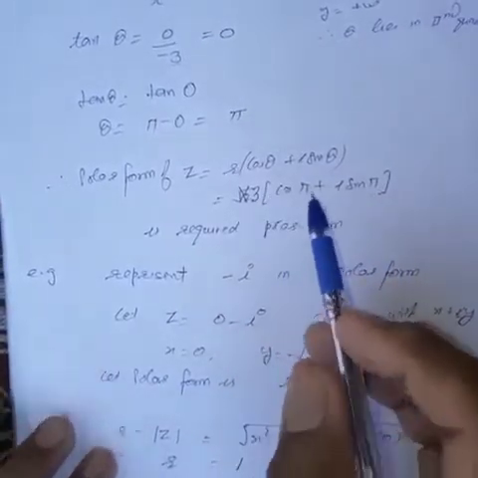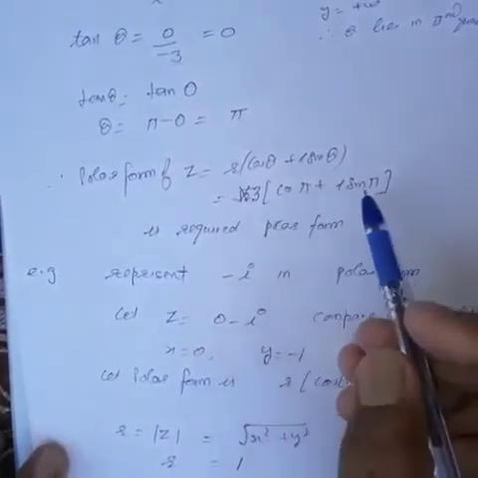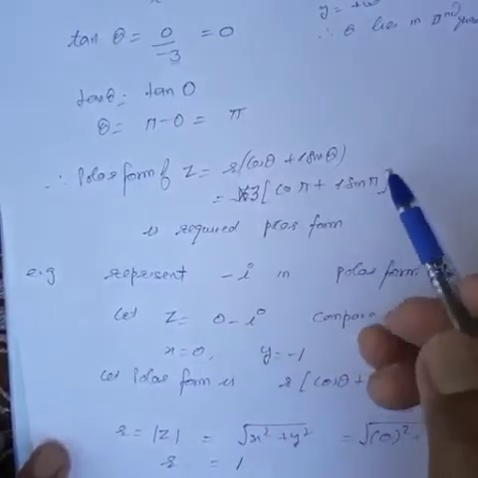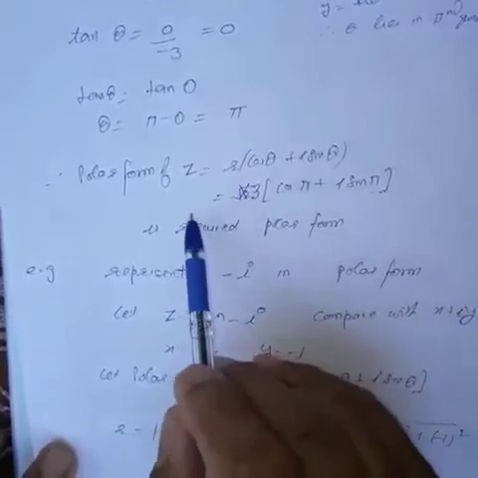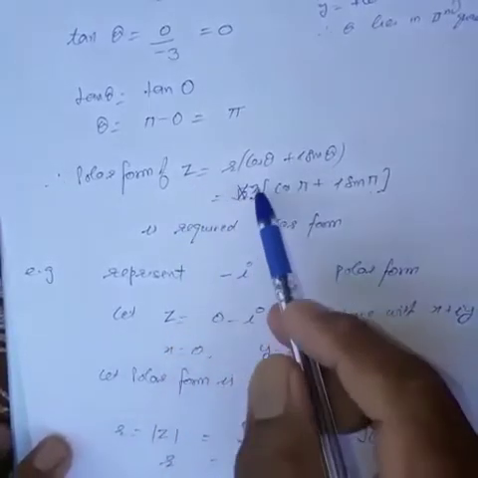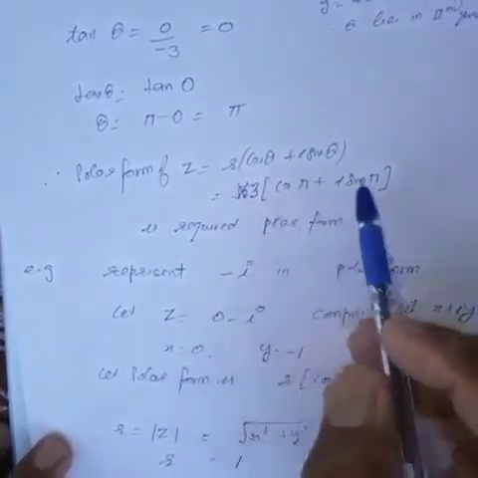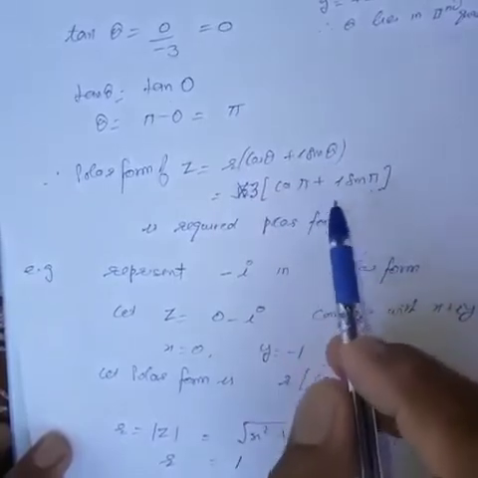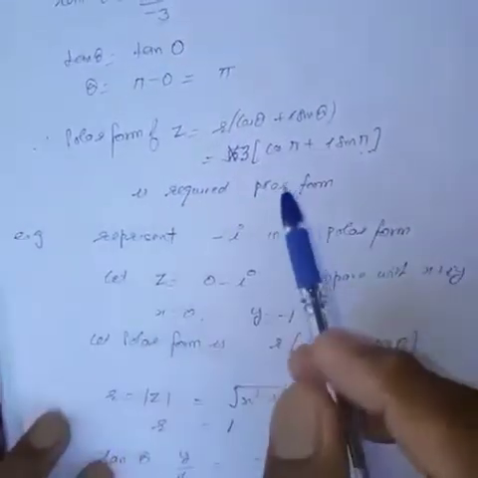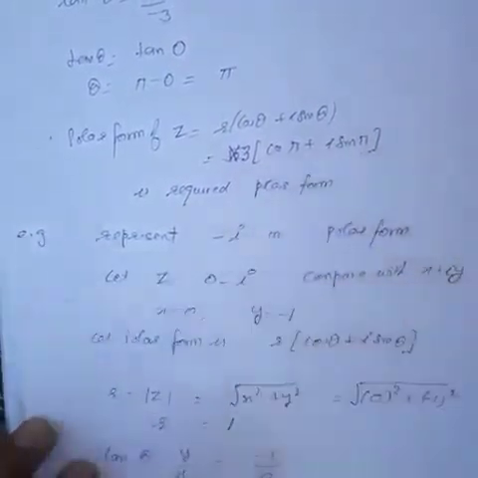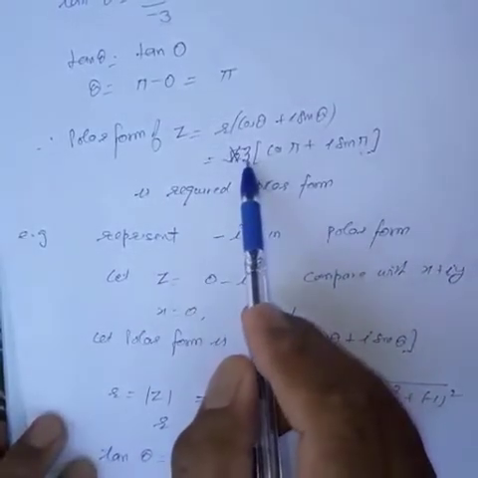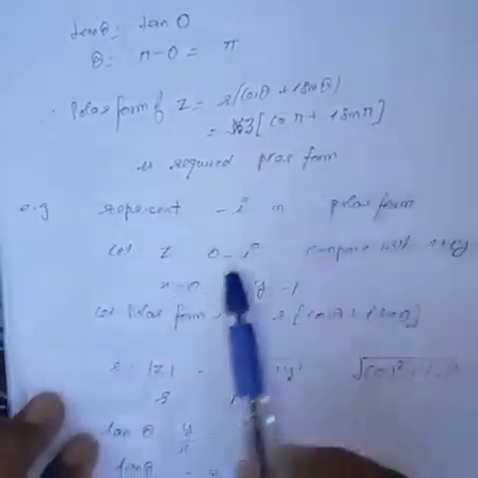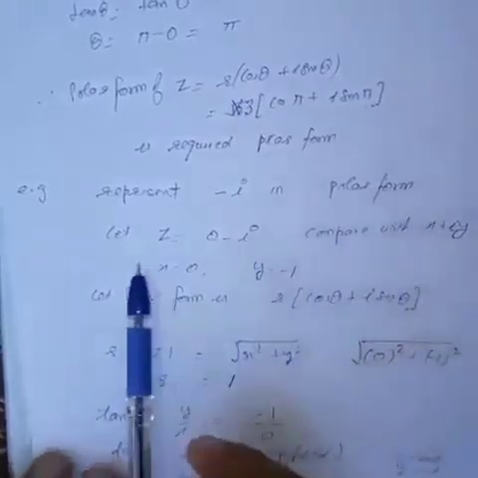If you put the values of cos pi and sin pi, then you will get back the Cartesian form of the complex number. So you can verify your calculations by finding these values, and if you are getting the same Cartesian form, it means your calculation is correct. So this is 3, not under root 2. It is the required polar form. I hope it is clear.